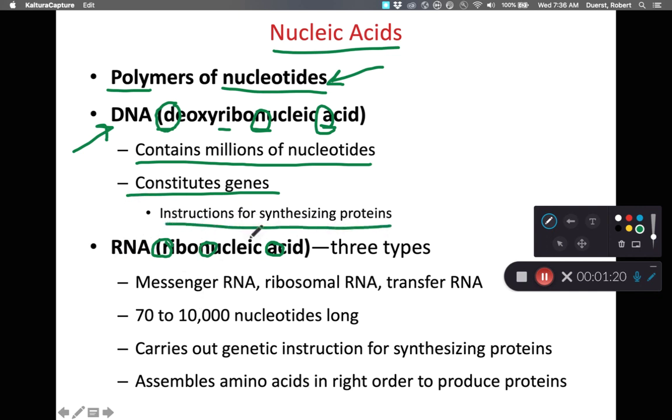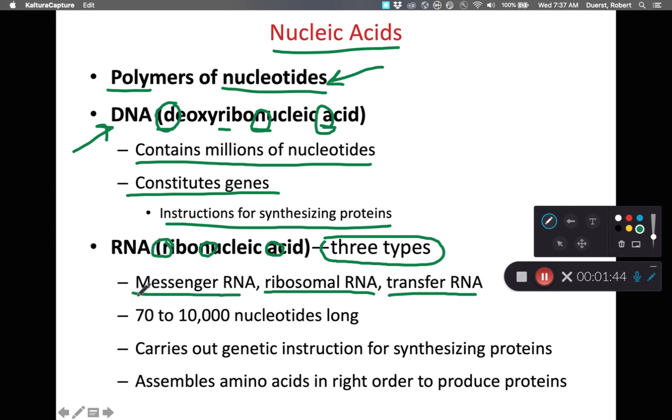As we look at ribonucleic acid, RNA, there are three kinds that we are going to focus on in this class. If you take a molecular or cell biology course, you learn about more than three kinds of RNA. The three kinds we focus on in this class are the three that we need for protein synthesis. So messenger RNA, mRNA, ribosomal or rRNA, and transfer or tRNA.